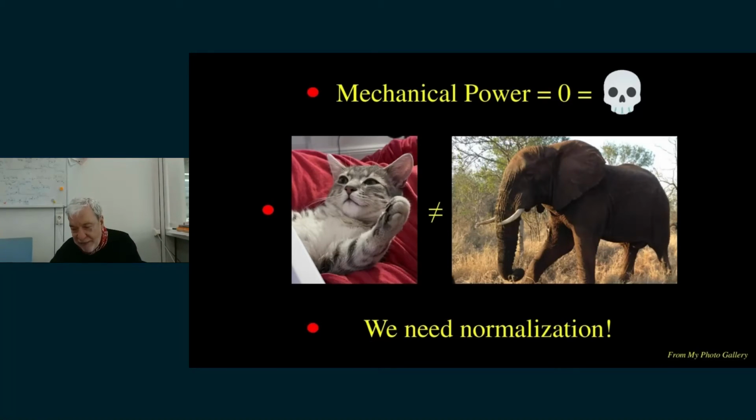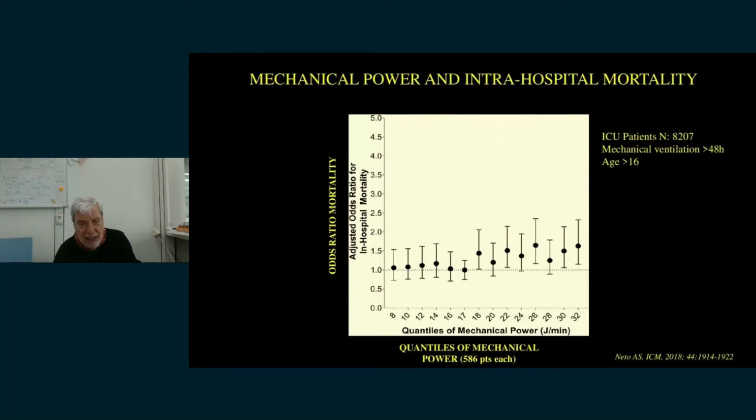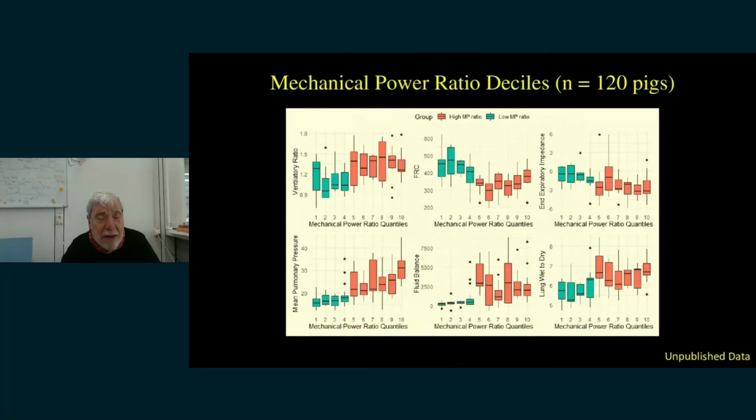Here we normalize the mechanical power, and the mechanical power is associated, of course, with that. But look here, this is a normalization. These are pigs in which we have the mechanical power ratio, which includes, of course, ventilation, respiratory rate, and pressures.